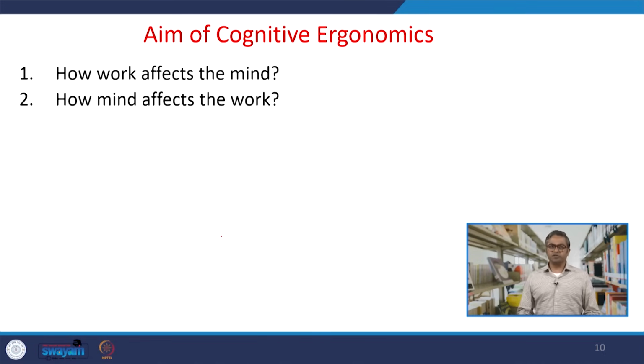These inter-individual differences have been well documented in the discipline of ergonomics and also in cognition research. But what is more important for us to understand is how the work and the mind influence each other, and how the interaction between these two influences the performance, efficiency, safety and the satisfaction of the user.